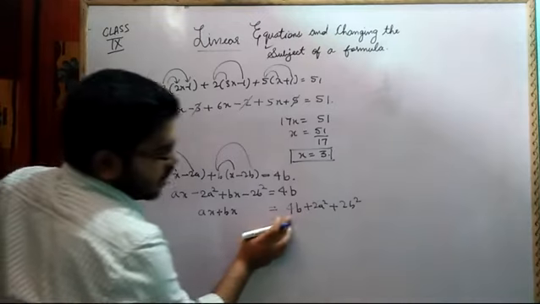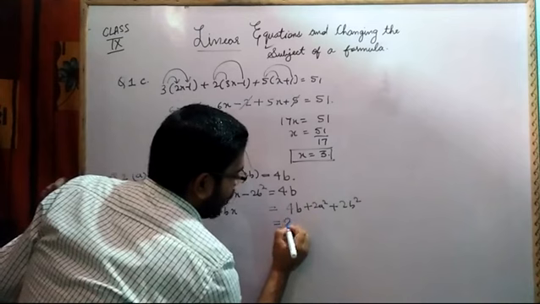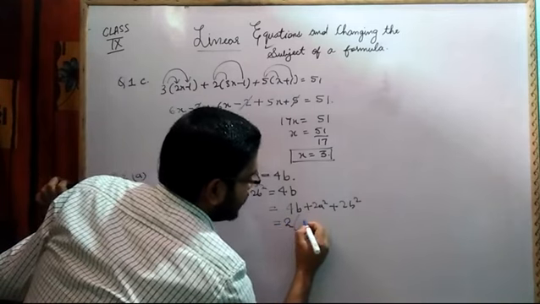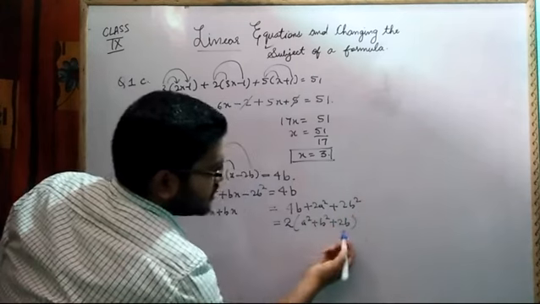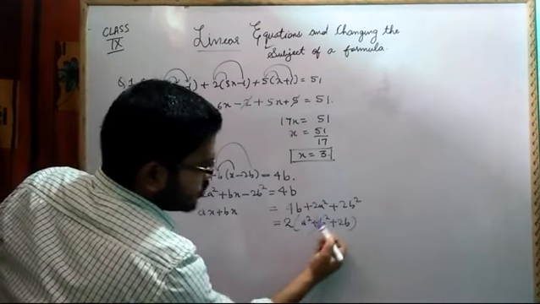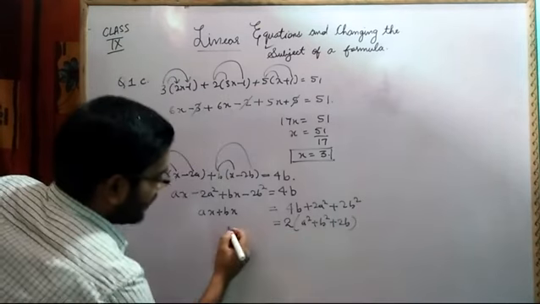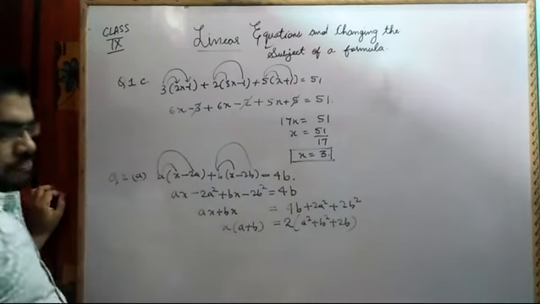Now if you see, all these numbers are multiplied with 2, the common factor is 2, so I can take out 2 common. After arranging this, I will have a square plus b square plus 2ab, and here I can take out x common, so I will have a plus b.